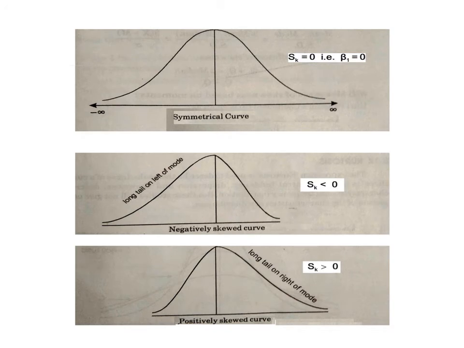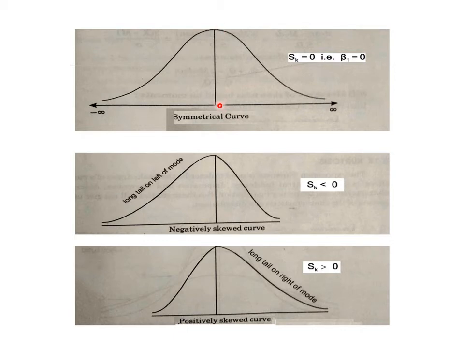As I was discussing at the end of the previous slide, for three different choices of Sk, 0, negative or positive, the symmetricity of the curve looks different. When Sk is 0, that is beta 1 is 0, then the curve is symmetrical, and in that case the vertical line is showing mean, median and mode.